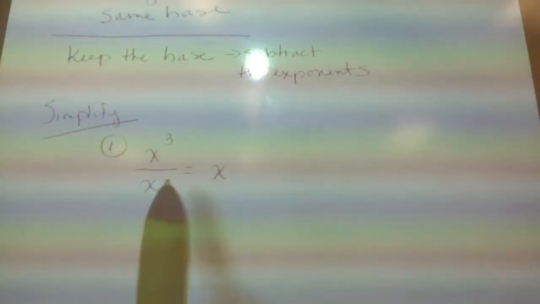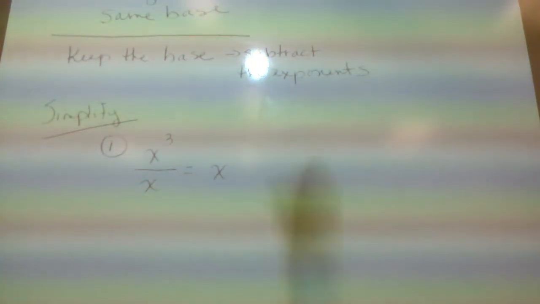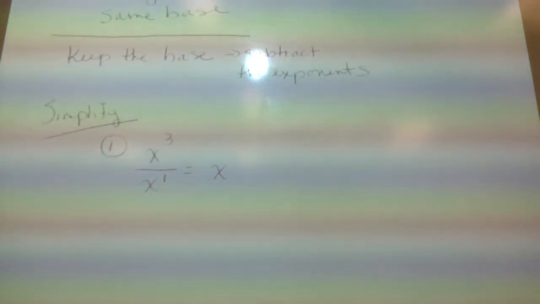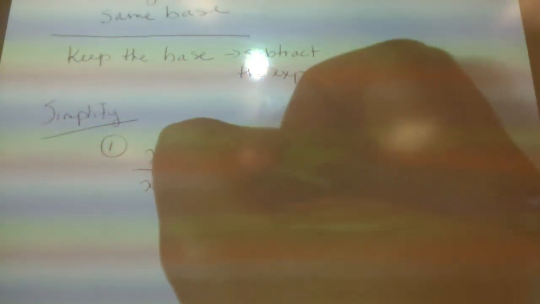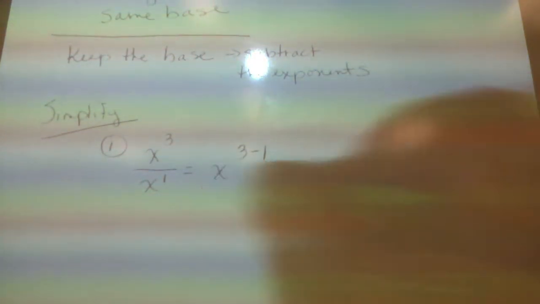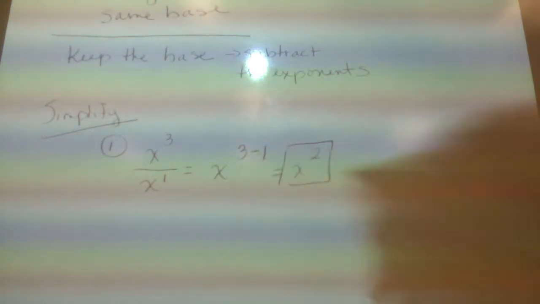There is no exponent on this x, but remember, if there's no exponent there, it's really a 1. So we're going to do 3 minus 1, keep the base, subtract the exponents, that's giving us x squared.